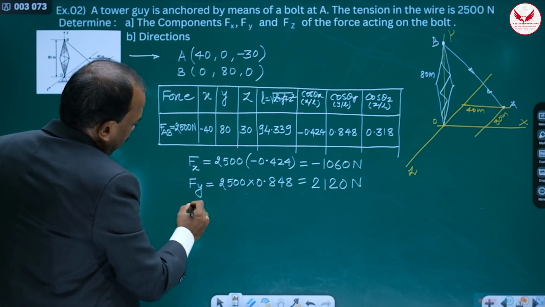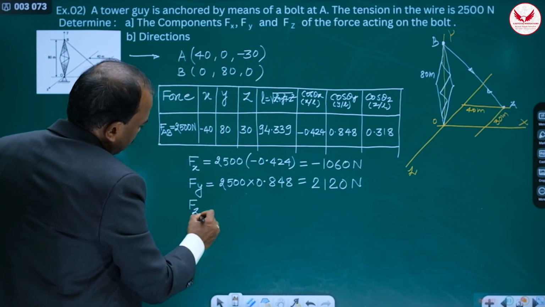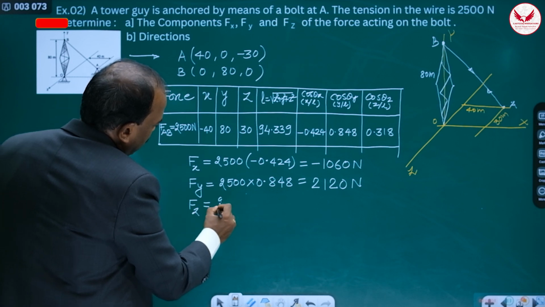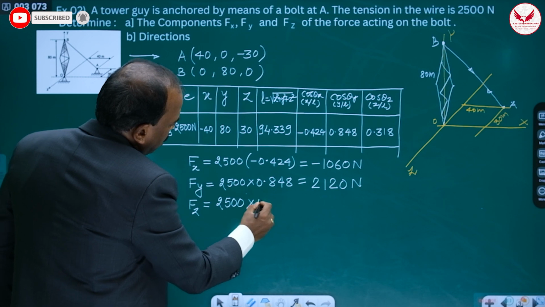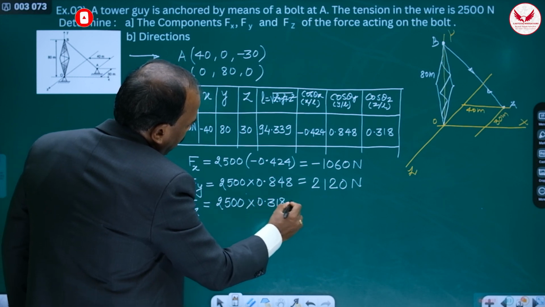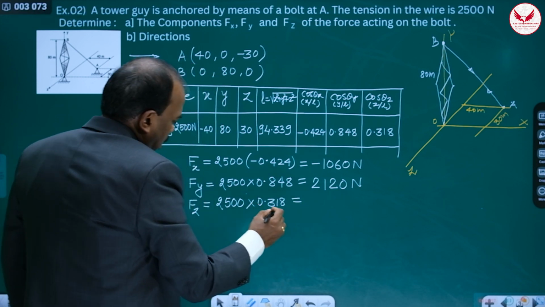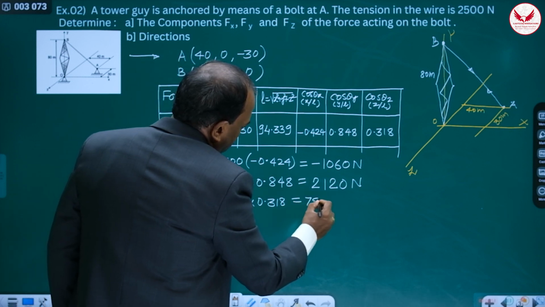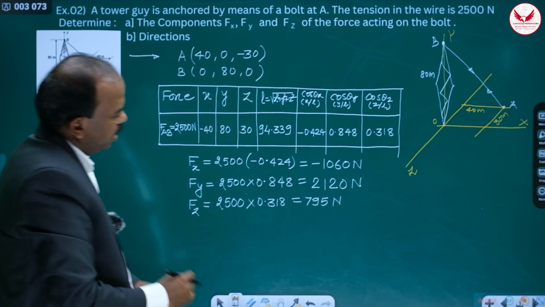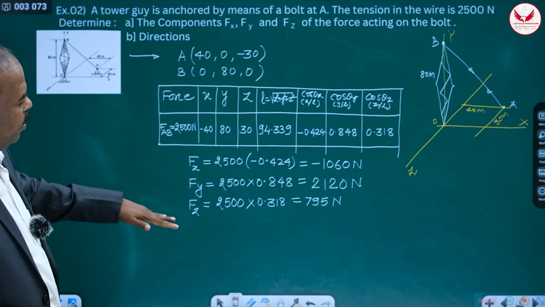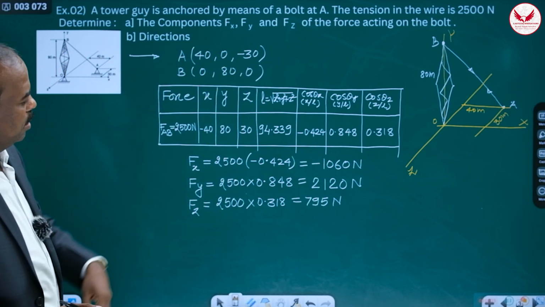And Fz is going to be 2500 into 0.318, it is equal to 795 Newton. So these are the answers, Fx, Fy, Fz, and these are asked.